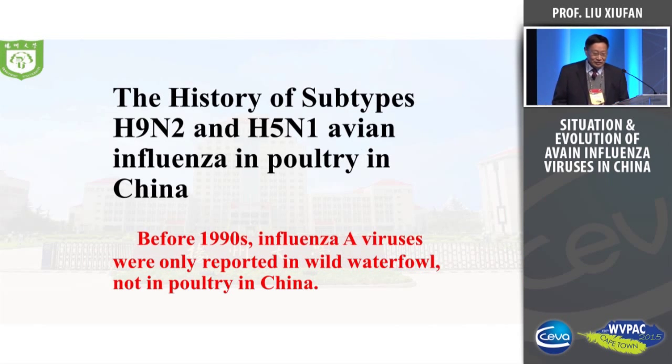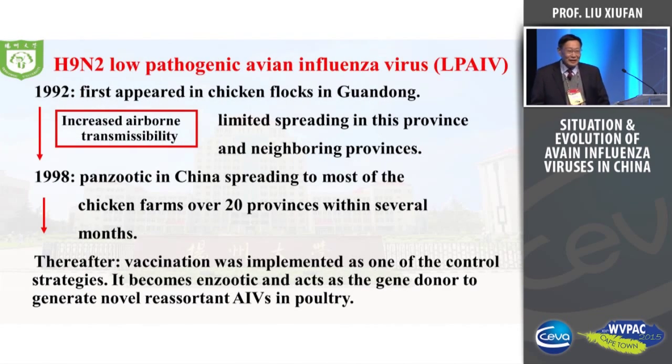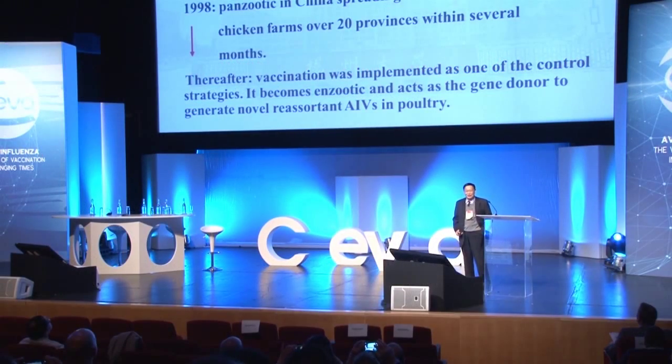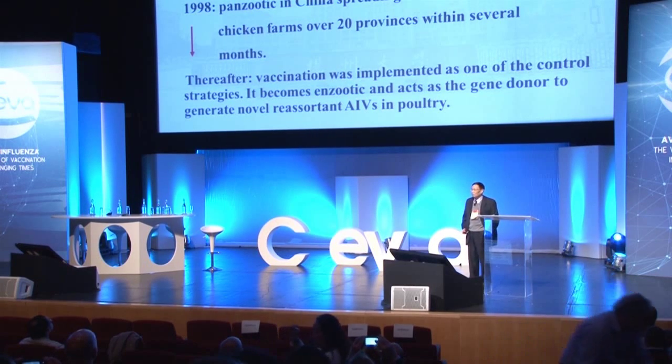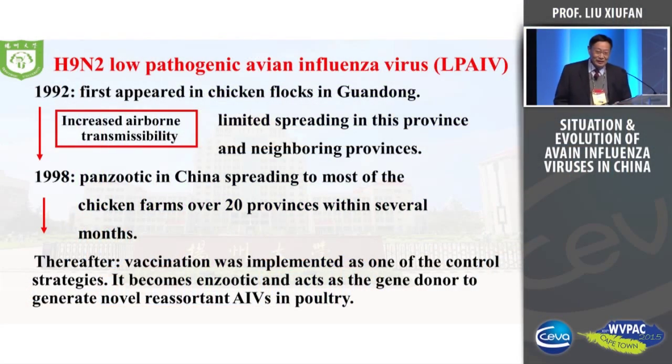Before the 1990s, influenza A viruses were only reported in wild waterfowl, not in poultry in China. H9N2, low pathogenic avian influenza, appeared first in 1992 in Guangdong, a southern province, with limited spreading in this province and to neighboring provinces for several years.